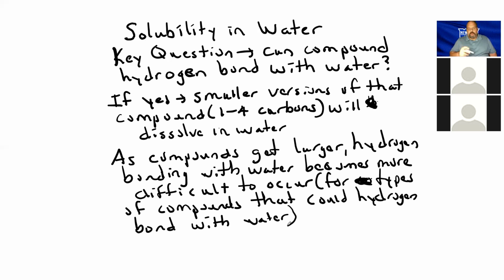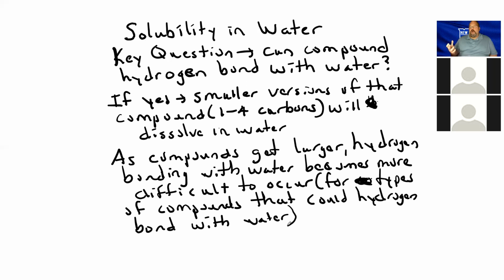However, what's the issue? When you have something trying to dissolve in water, you have millions of molecules of that substance trying to dissolve with millions of molecules of water. The water molecules have to get close to specific regions of each molecule in order to be able to hydrogen bond with that type of compound.